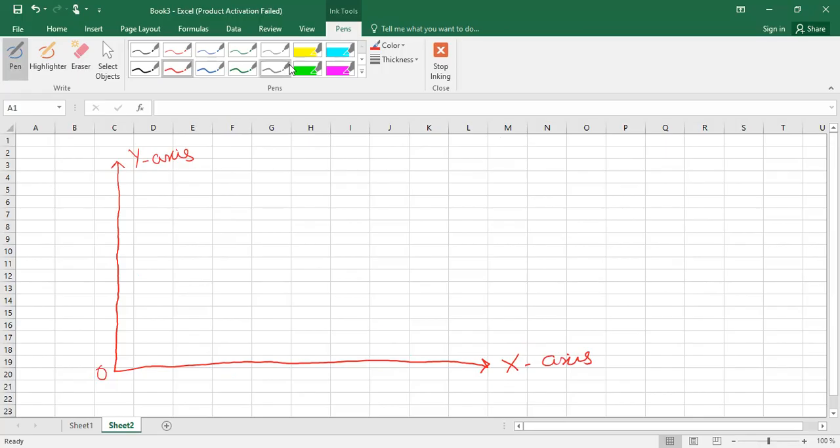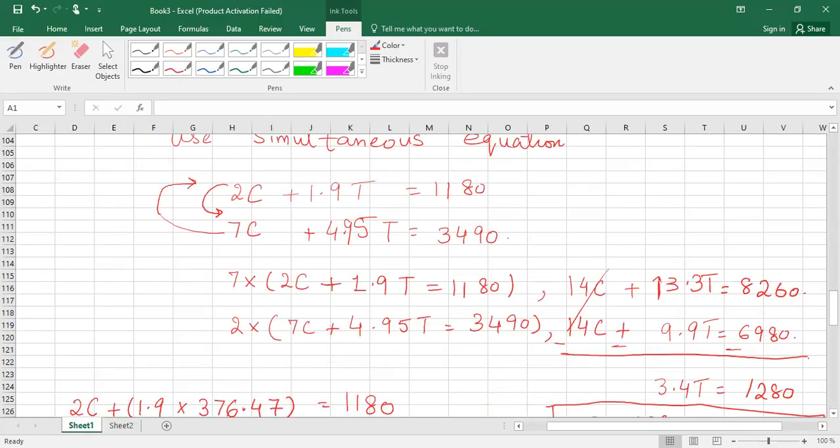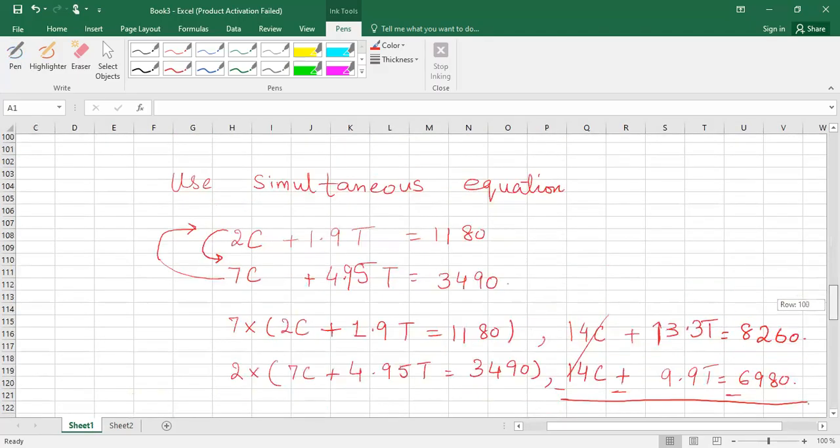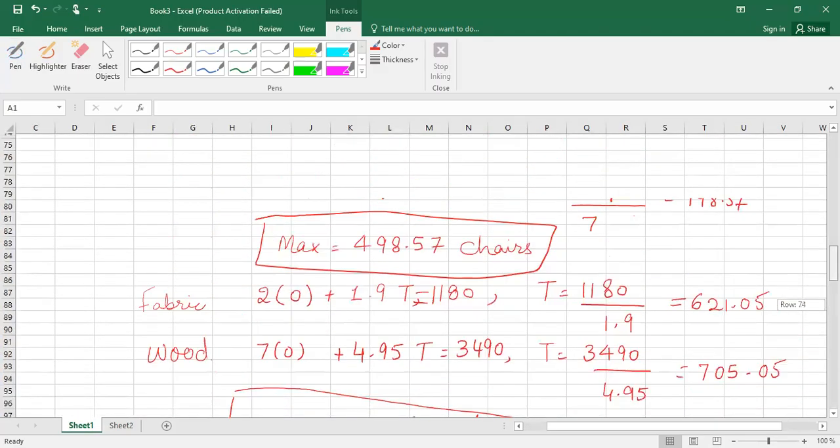It is not necessary to always show one product on the x-axis and the other on the y-axis. It is your choice. Suppose we are going to show the tables on the x-axis and the chairs on the y-axis. And time and again we have to visit these values.